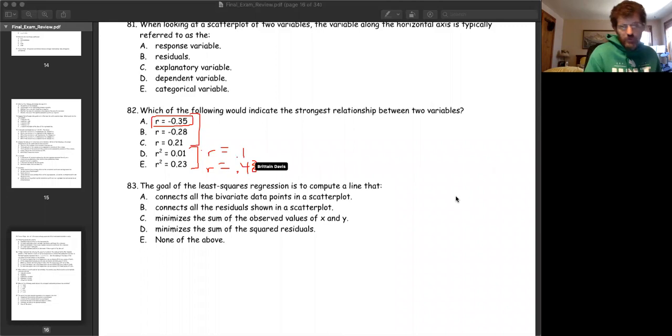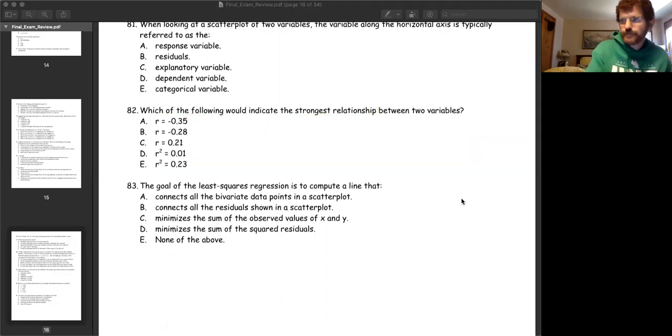What we don't know is if it's positive or negative, but for this problem, that doesn't matter. What matters is that this has the strongest correlation, the strongest relationship between the 2 variables. Now, I should add a caveat to this. We can't know this 100% without seeing the scatter plot, but we'll assume these are all linear. Okay.